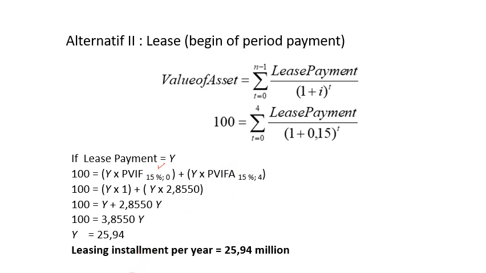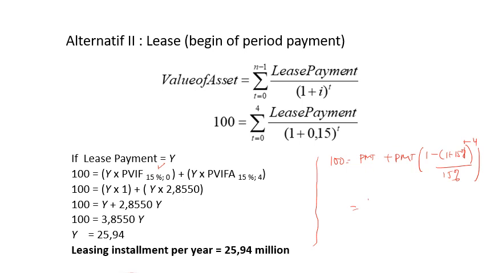Okay, so 100 equals the payment plus the payment times the annual discounted factor, 1 minus 1 plus 15% to the minus 4, over 15%.